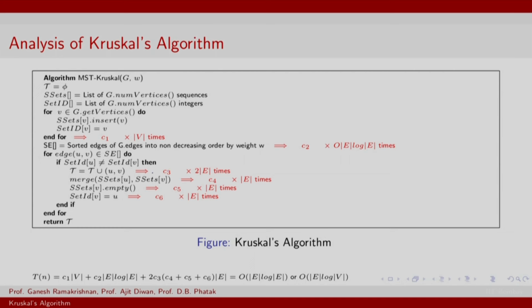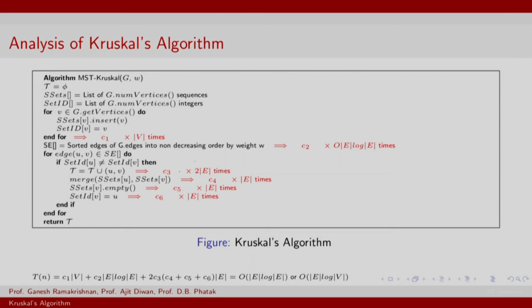And then we are going to iterate over these edges in increasing order of weights. For each edge, we are going to check if the set IDs are different, set IDs for the two endpoints of the edge. If they are different, we add it to the tree. And this basically is an order E operation overall.